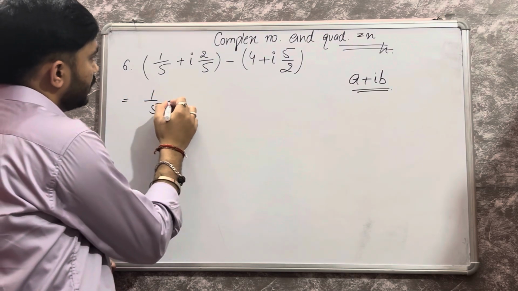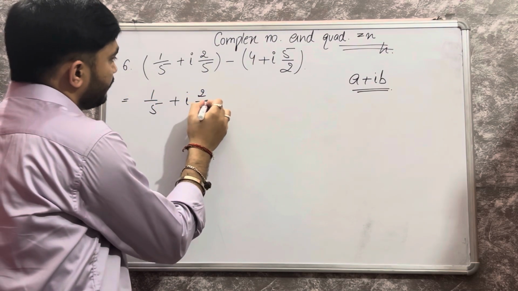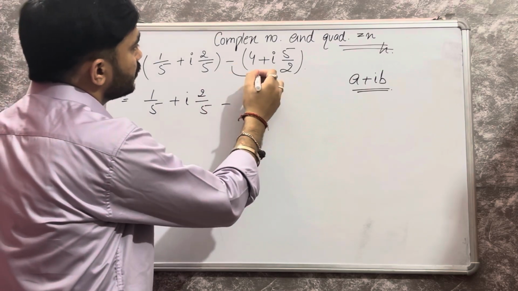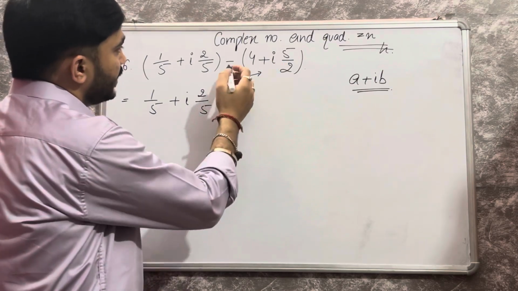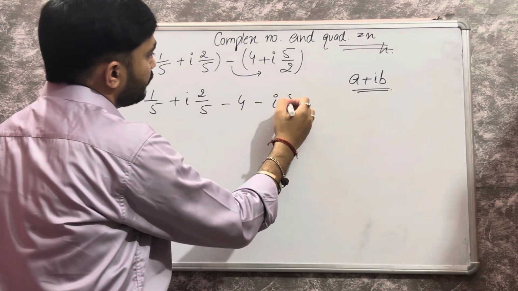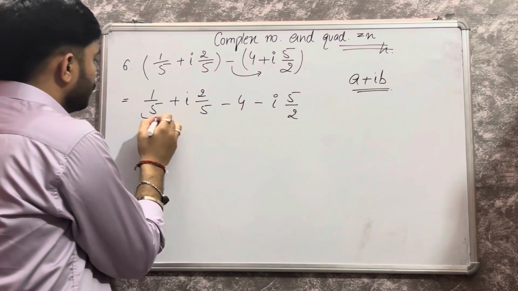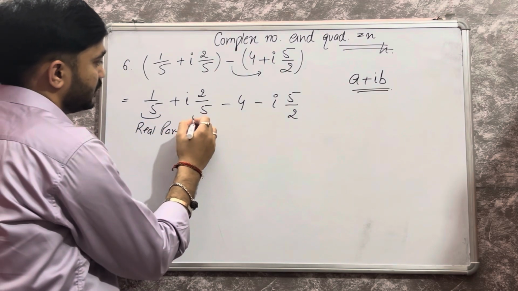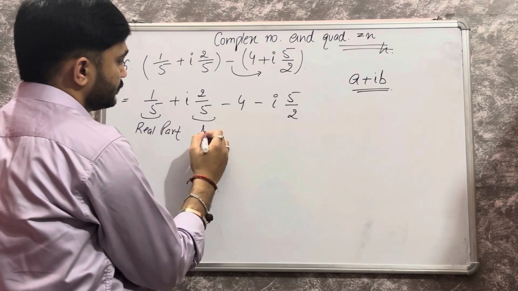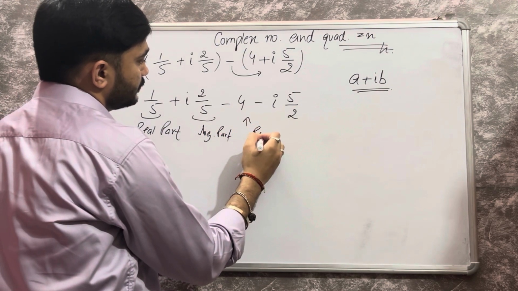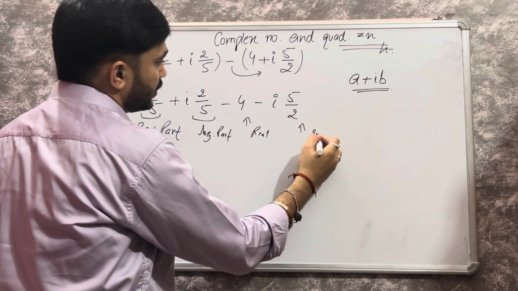1/5 + i·2/5 minus, the minus is going to be substituted into this bracket, that is, −4 − (−i 5/2). Now this is the real part, this is the imaginary part, this is the real part, and this is the imaginary part.